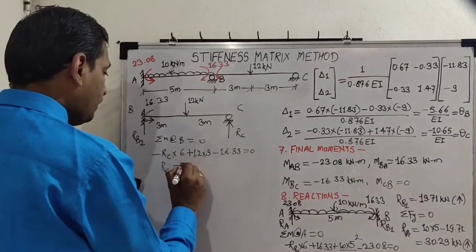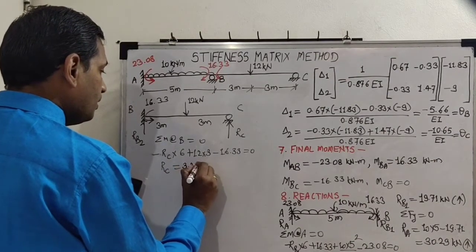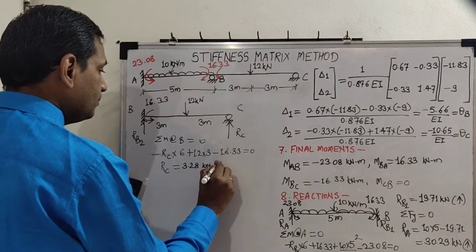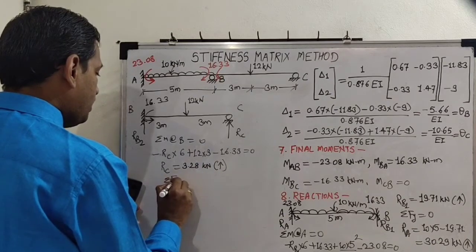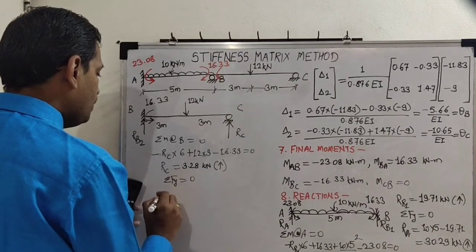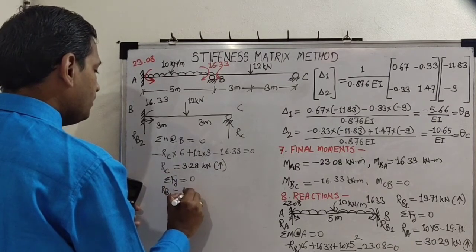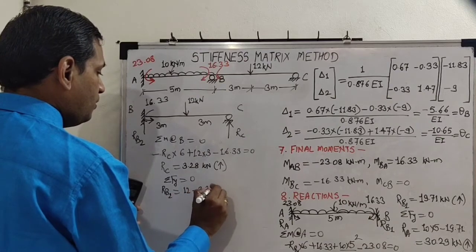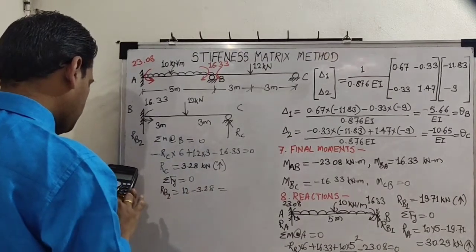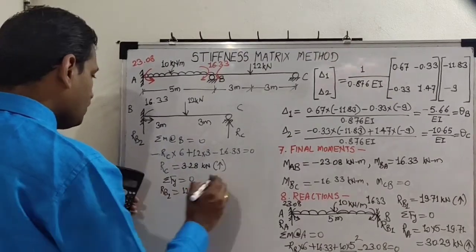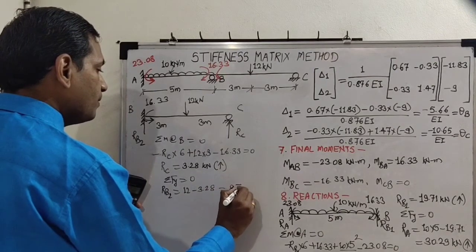So 3.28 kilonewton. Again, second condition is summation Fy is equal to 0. So RB2 is equal to 12 minus 3.28. So it is 8.72 kilonewton.